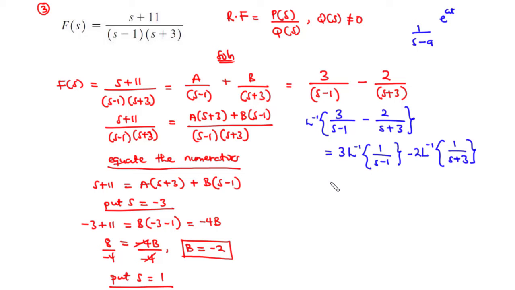Therefore here we are going to have 3 times e to the power, a is 1, so e to the power 1 times t, which is e to the power t, minus 2 times e to the power, this is plus 3, so it becomes -3, so minus 3t.